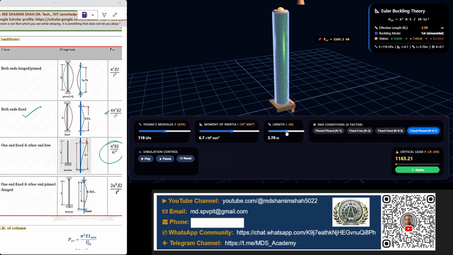As usual, let's say I have increased the L value up to here. See, for the different cases I have kept E and I the same.